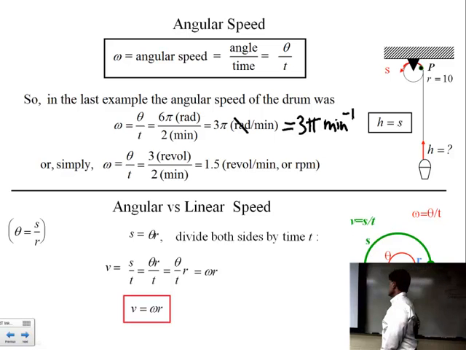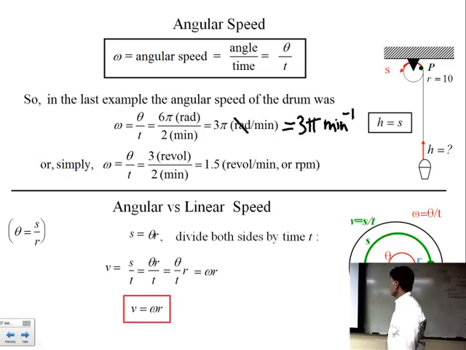Okay. All right. If I take a different radius, a bigger radius, then I get a new arc length, and I get a higher linear velocity. It's going to be s1 divided by t. And so v1 is bigger than v because s1 is bigger than s.